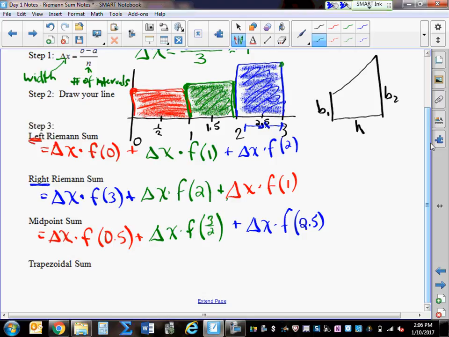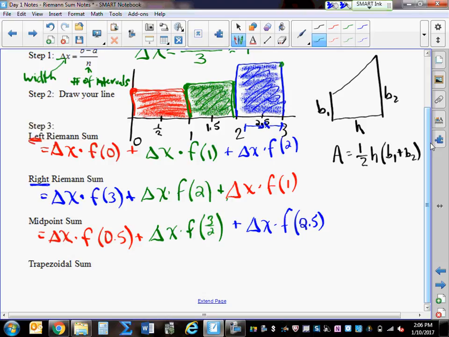You're used to thinking of it this way, but we're going to be turning it on its side. So your area for a trapezoid, does anybody remember what it is? You're very close. It's 1/2 times h times base 1 plus base 2, or in other words, h times base 1 plus base 2 over 2. Very good. So it's 1/2 the height times the sum of your bases.